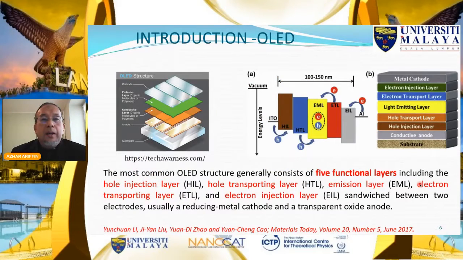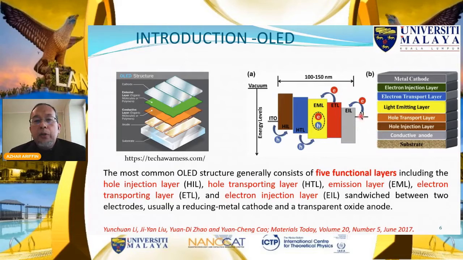In general, most OLED devices have 5 layers. The most common OLED structure generally consists of 5 functional layers. The ITO is the anode, and after that we have the hole injection layer that carries the positive charge, which then passes to the hole transport layer, and from the hole transport layer the positive charge passes to the emissive layer, EML.